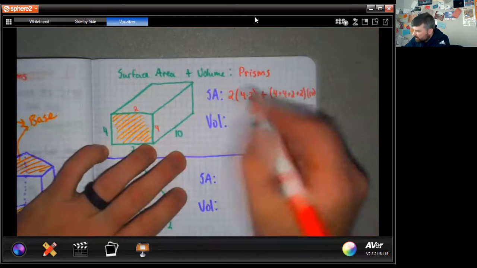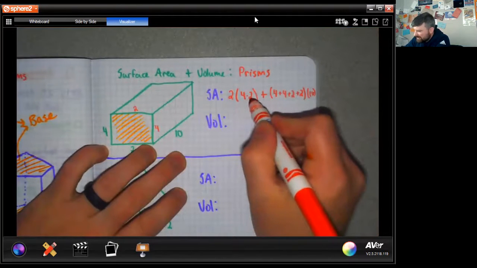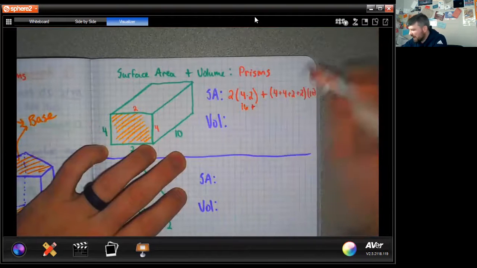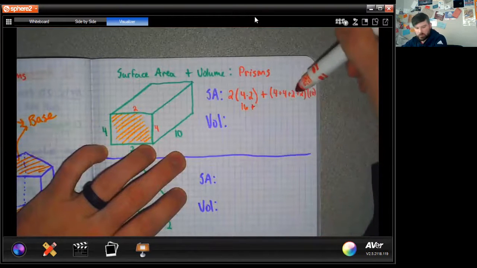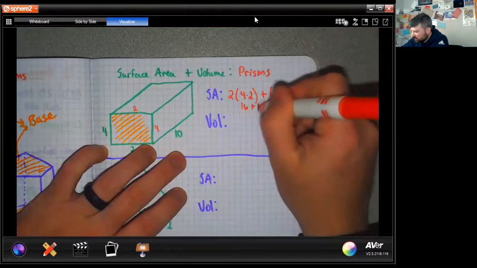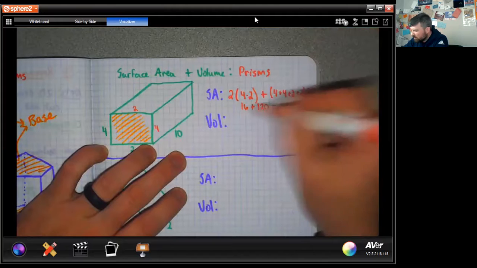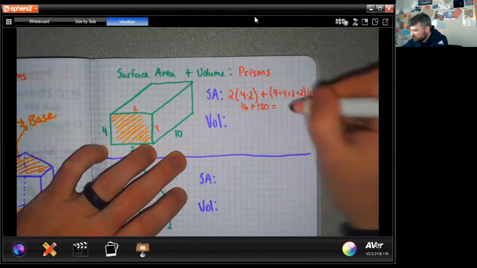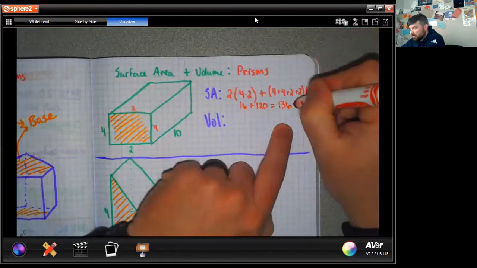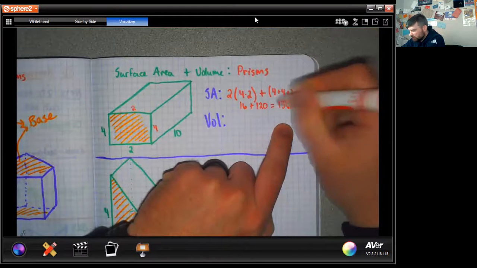So we've got 4 times 2 is 8. 8 times 2 is 16. Plus, if I add all of these up, I get 12. And 12 times 10 is 120. 120 plus 16 is 136. And for this, it would be its area. So it's units squared.